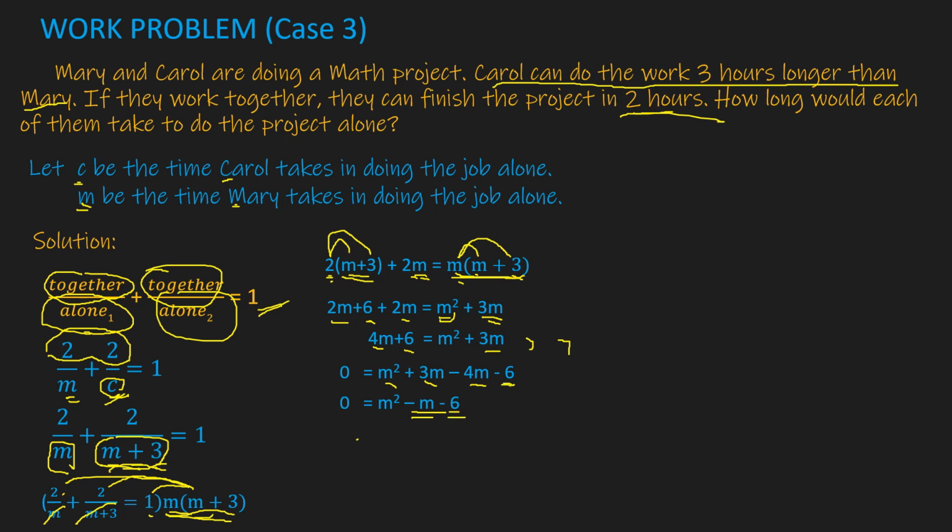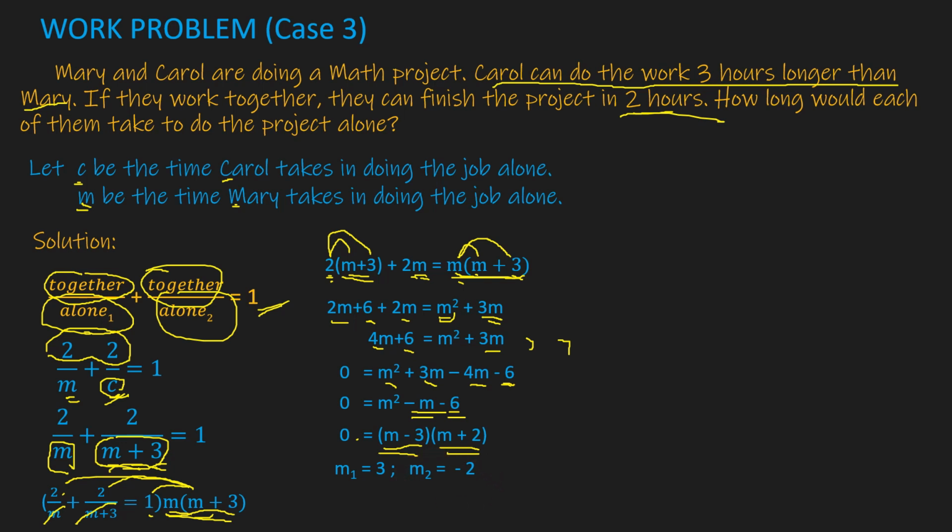And by factoring, the factors of this quadratic equation are M minus 3 times quantity M plus 2. And by the zero product property, we have solved for the roots of this quadratic equation as M sub 1 equals 3, and M sub 2 equals negative 2.